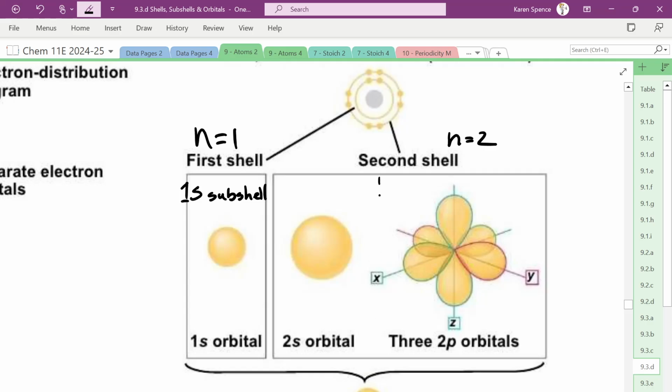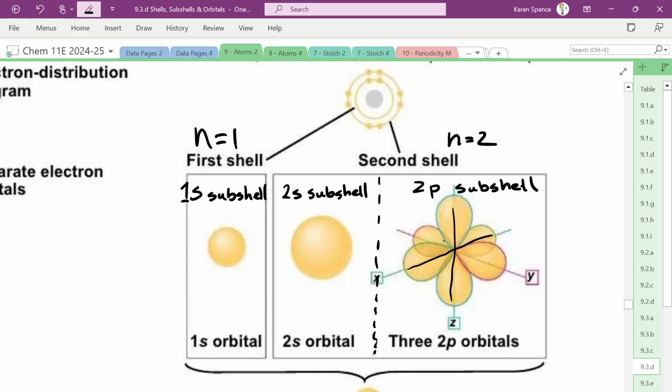So this right here is the 2s subshell, and we have the 2p subshell, which is made out of 3 individual p orbitals, one going top to bottom, one going front and back, and one going left to right. Yes?